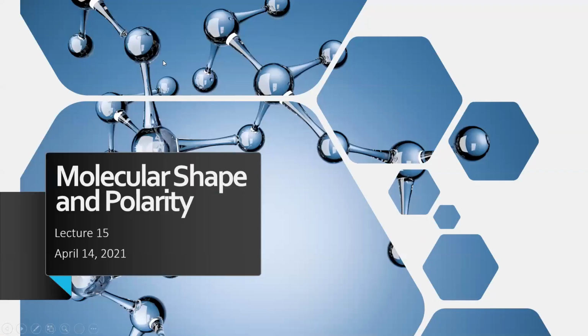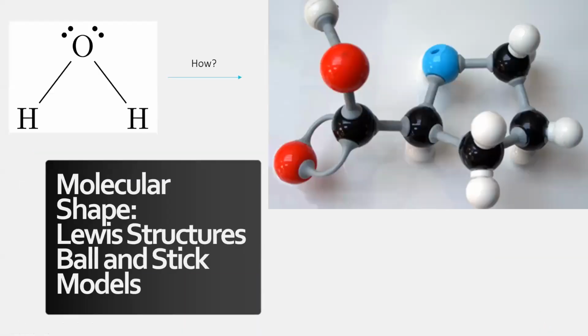Right, so this is a review of lecture 15, which is on molecular shape and polarity. In terms of molecular shape, thus far we've mostly been working with Lewis dot diagrams because they help demonstrate covalent bonds and how those are formed between atoms.